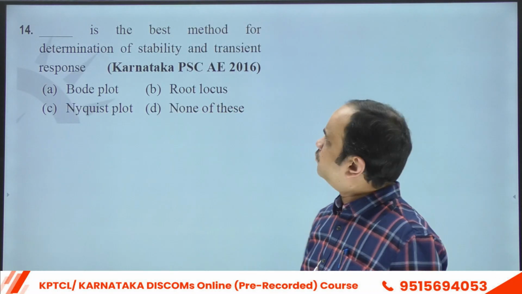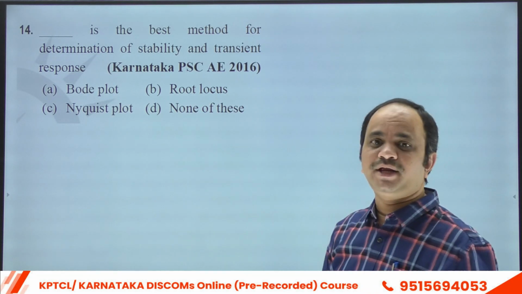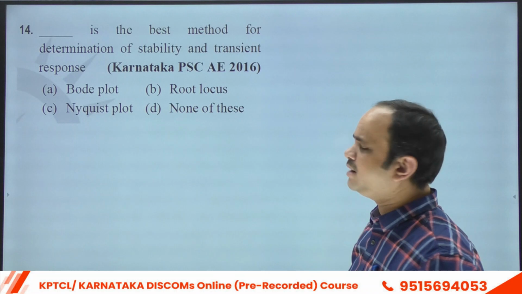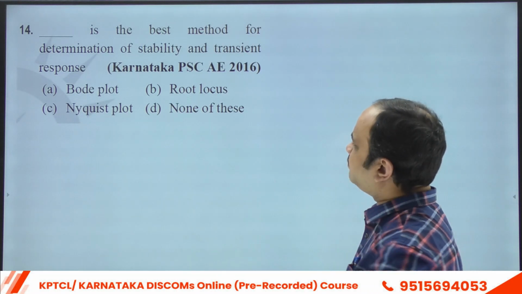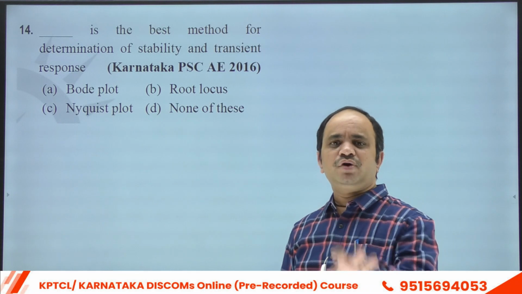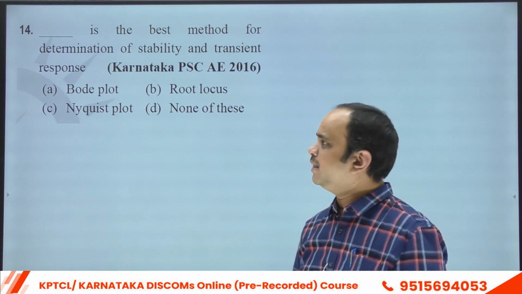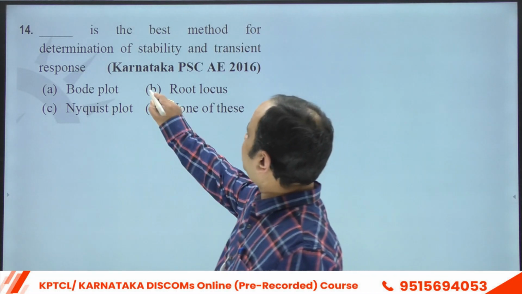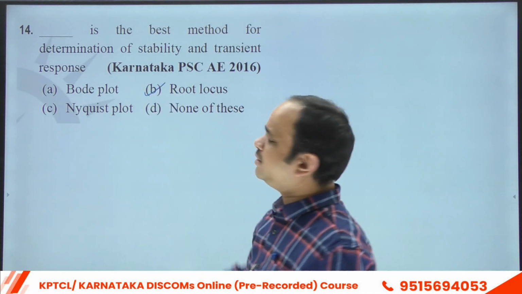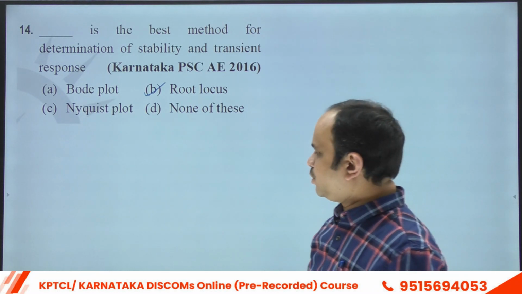Next, which of the following is the best method for determination of stability and transient response? The given options are Bode plot, root locus, Nyquist plot. By using all of these methods we can analyze the stability of a given system, but the transient response is best analyzed by using the root locus method. Therefore root locus will be the appropriate answer.